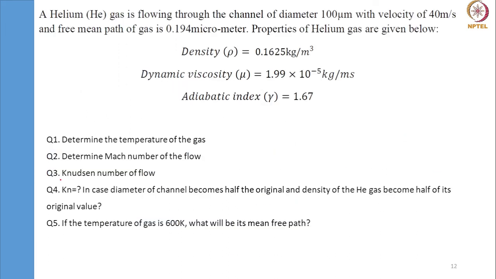So next up, we are required to find out the Knudsen number of flow. Knudsen number is defined as lambda by characteristic length. That is, lambda is mean free path, which we already found out, to the characteristic length.